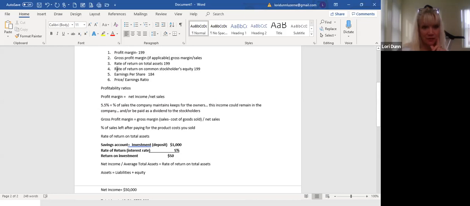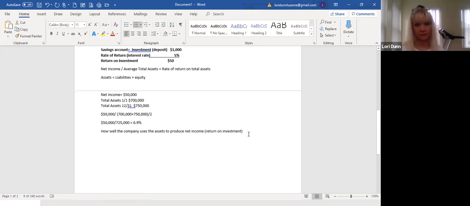The final profitability ratio just focuses on common stockholders' equity. So now we're doing another rate of return, but it's not for all the assets, all of the investment, but just the common stockholders' equity. So just the money given to us by common stockholders.